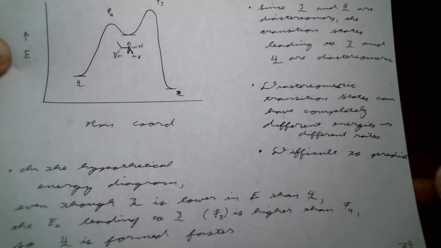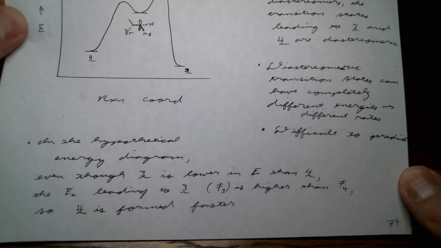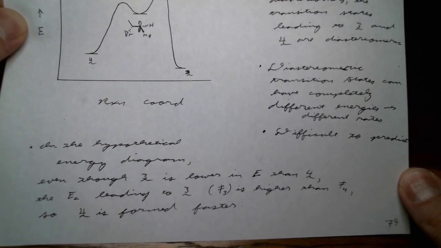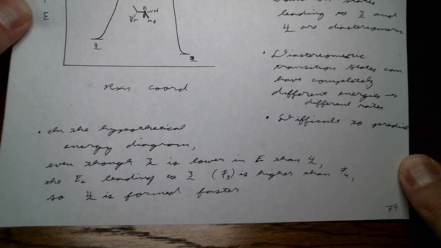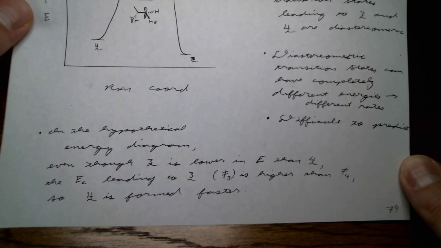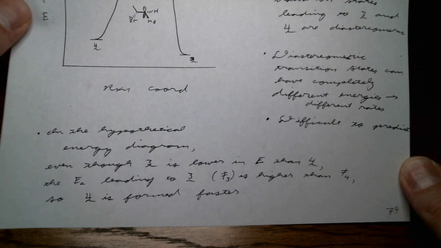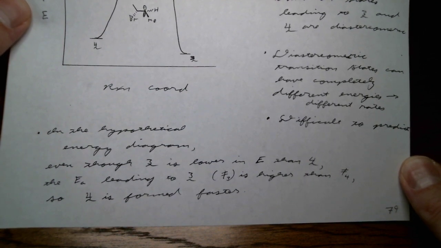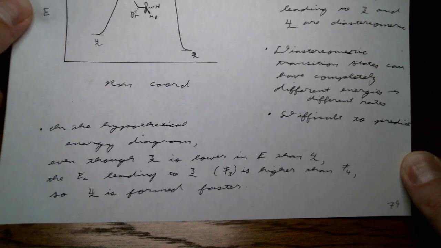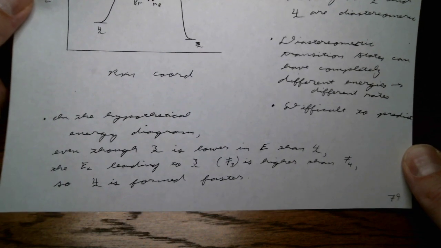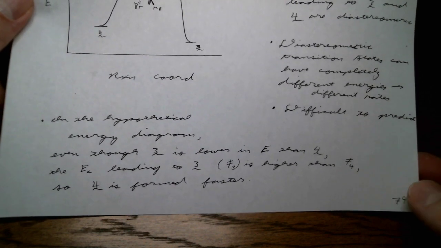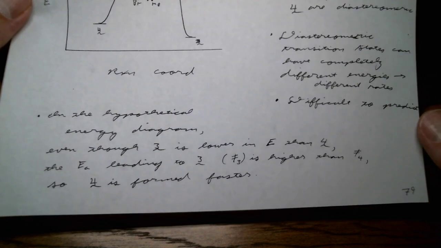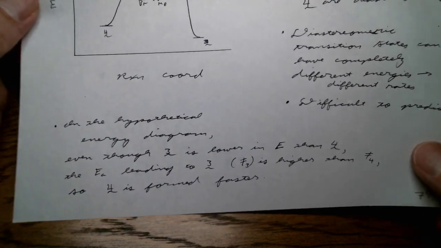So, in the hypothetical energy diagram, even though 3 is lower in energy than 4, the activation energy leading to compound 3, that is the transition state 3 height, is higher than transition state 4. So 4 you would expect to be formed faster. We're already on page 79 of notes. I guess we're making great progress.